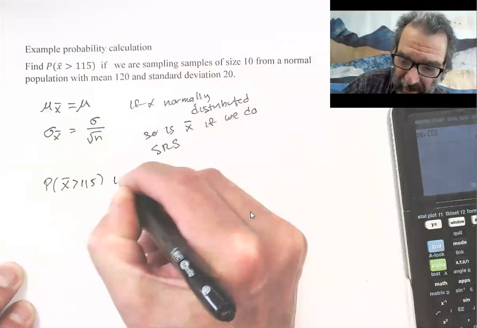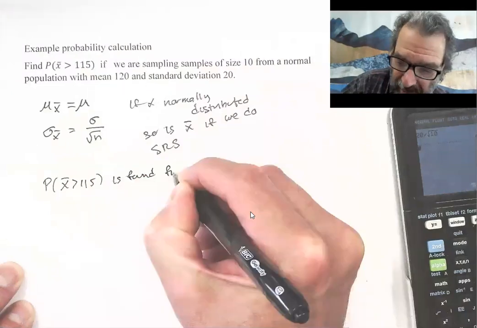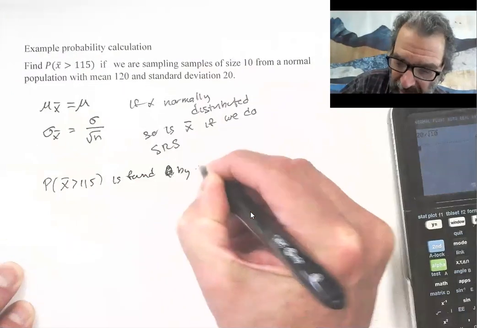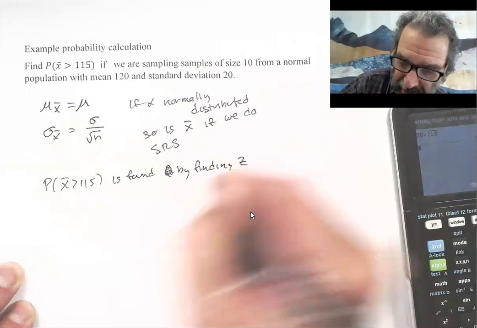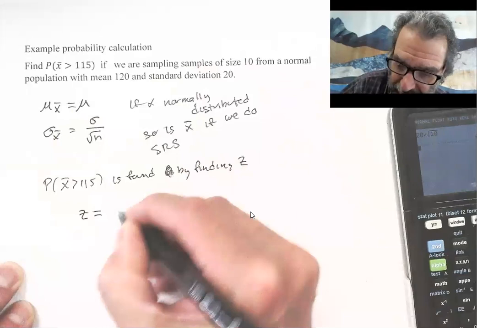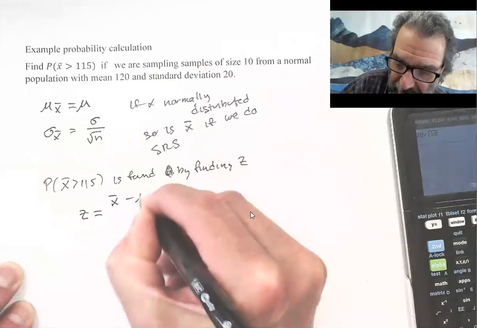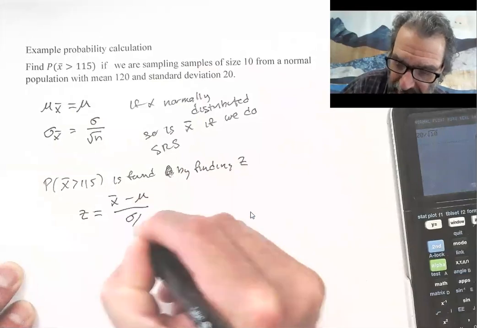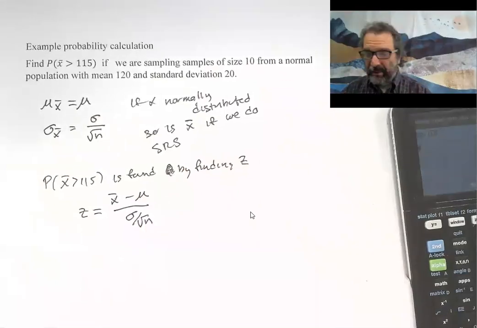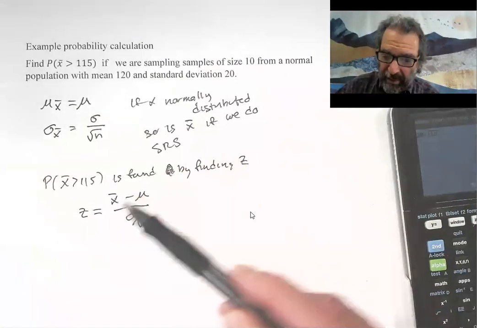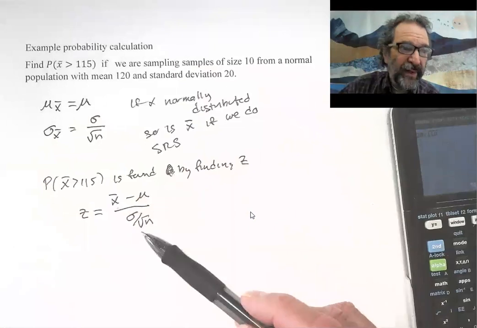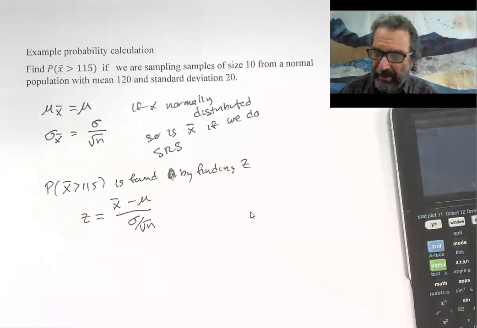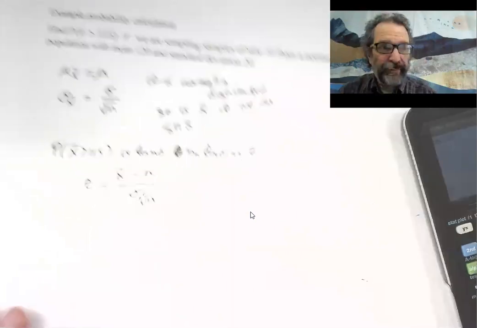It's found by finding z. So z is going to look like this: x bar minus mu over sigma over root n. So here's x bar, here's its mean, the population mean, here's its standard deviation. That's the old-fashioned z-score applied to x bar.